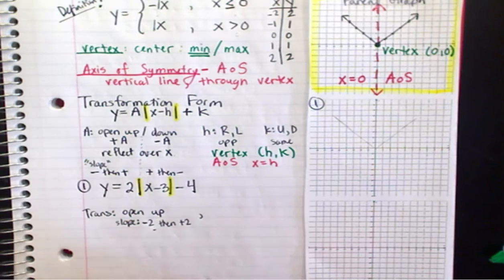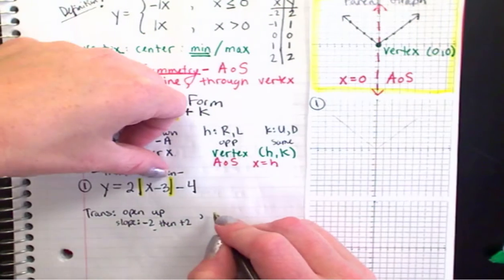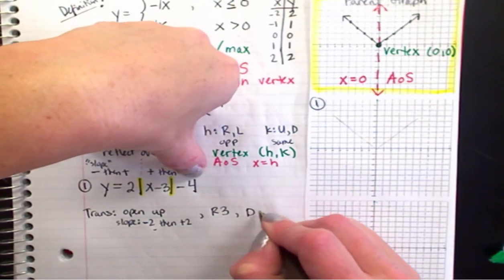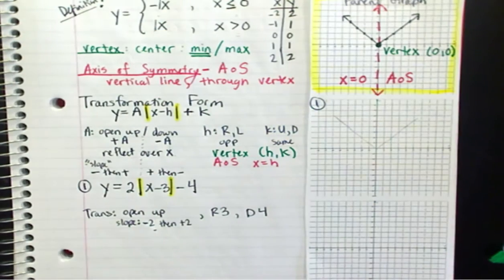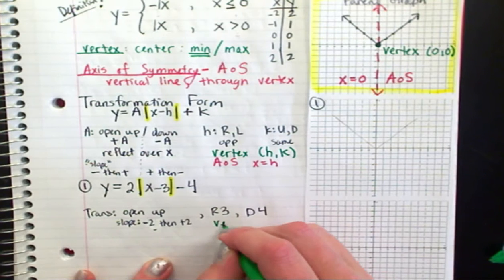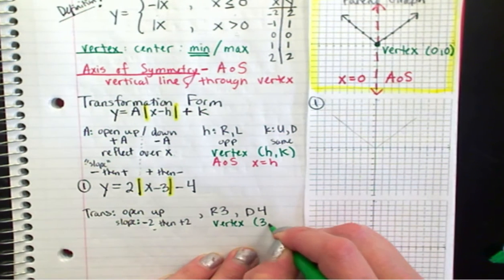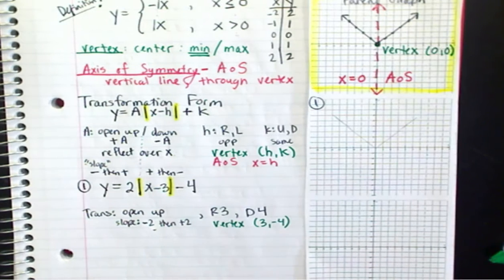Okay, next transformation. Right 3, down 4. Oh, that tells me about the vertex, right? The transformation, the translation, tells me about the vertex.